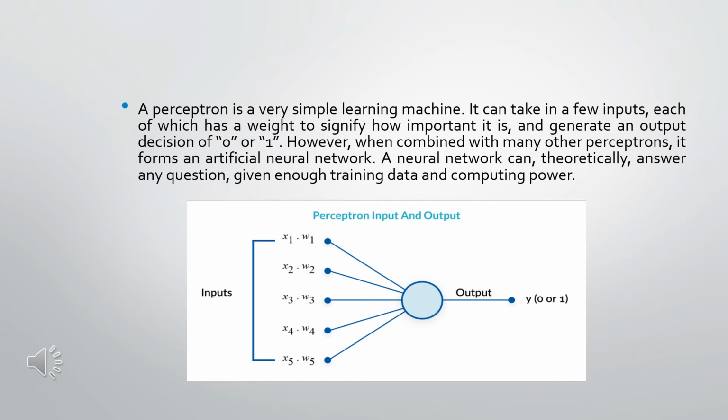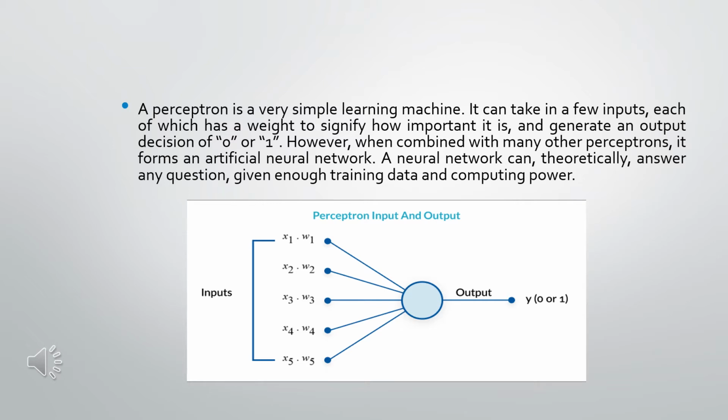A perceptron is a very simple learning machine. It can take a few inputs, each of which has a weight to signify how important it is, and generate an output decision of 0 or 1. However, when combined with many other perceptrons, it forms an artificial neural network. A neural network can theoretically answer any question given enough training data and computing power.